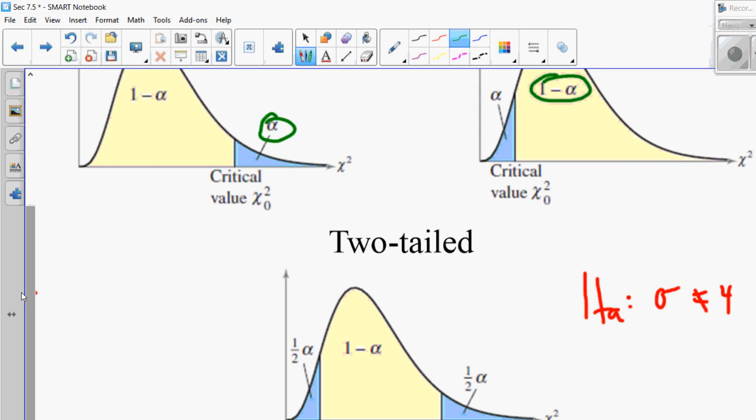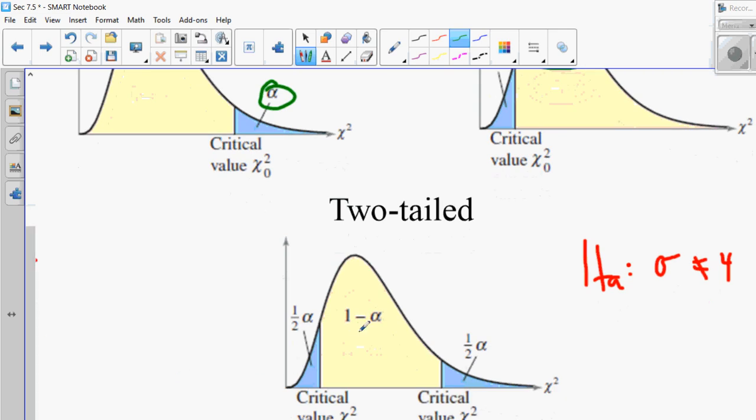And if it's a two-tailed test, we use half of alpha for one, and 1 minus half of alpha for the other, to get both our left and our right critical values.